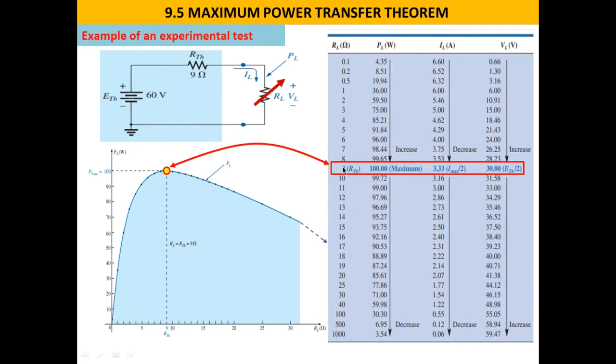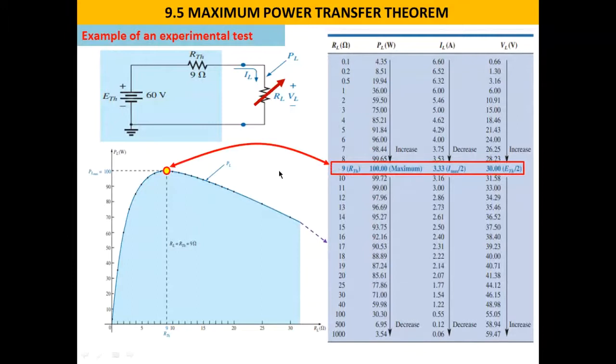But above this value, above 9 ohms, we observe that the power starts going down, starts decreasing. Why? Because we are in this region. In this region, the power decreases. In this region, the power increases. Here, the power decreases. Where is the maximum? It corresponds to RL equals R Thevenin.